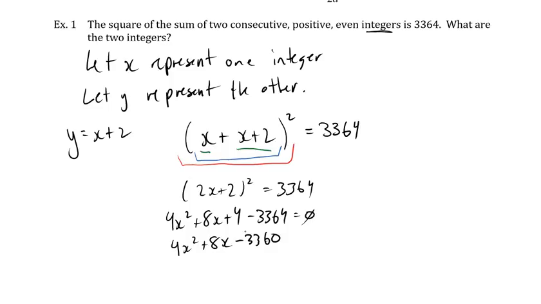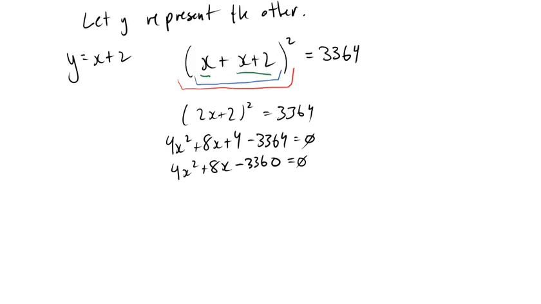Oops. Equals 0. And I'm pretty sure that I'm going to be able to common factor a 4 out of all of that. So divide both sides by 4, pull a 4 out of every one of those terms, and I get x squared plus 2x minus 840. So now it is equal to 0.